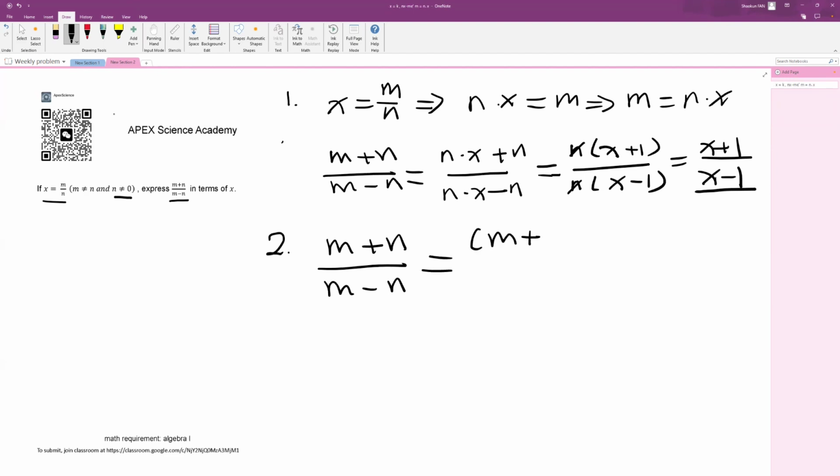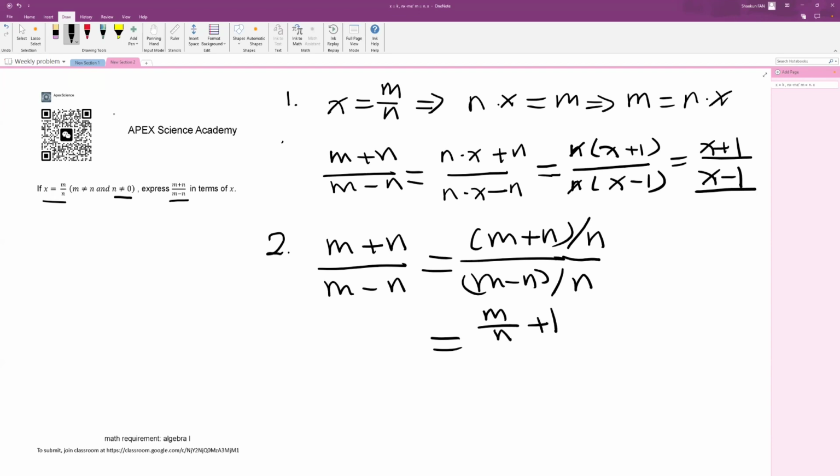So m plus n and m minus n, and both of them will be divided by n, because we know that n is not equal to 0. We distribute the division by n into these two terms, and we will have m over n plus 1, and m over n minus 1.